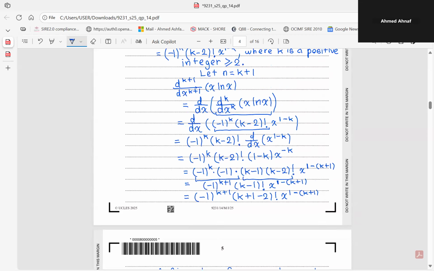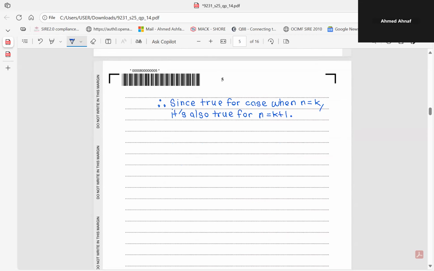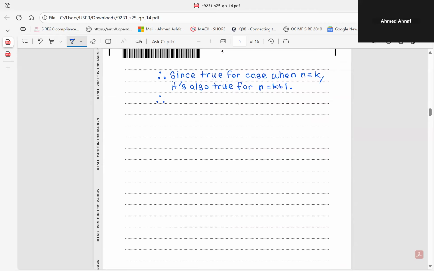And then here we can finally conclude that by the principle of mathematical induction, the above statement is true.